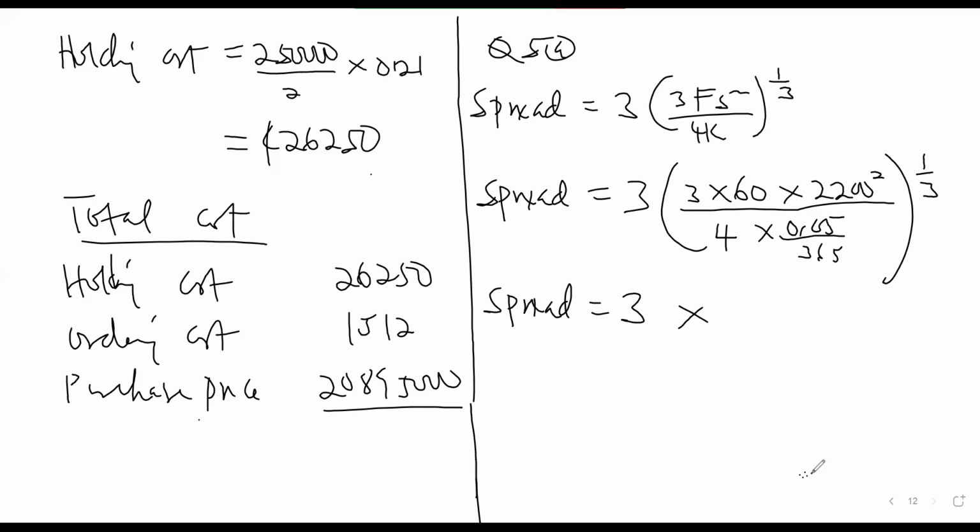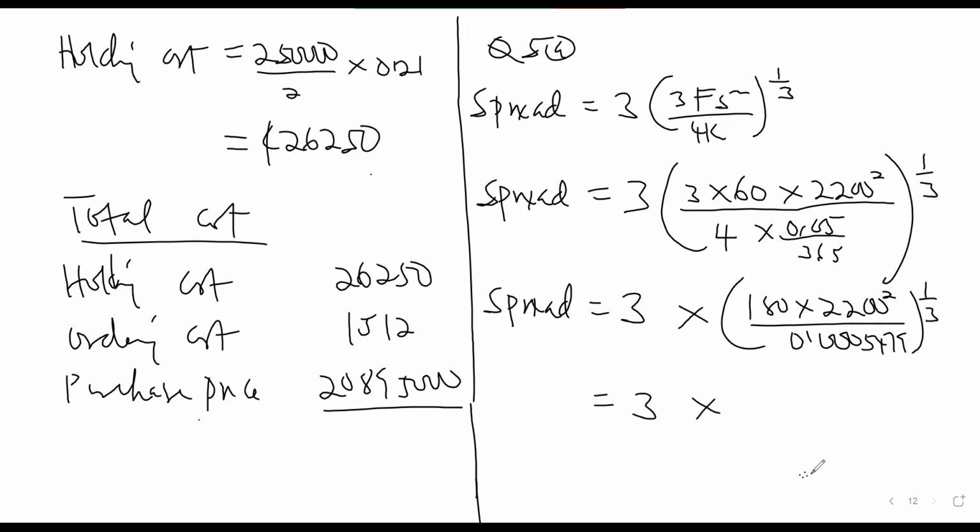So I'm having 180 times 220 exponent 2 divided by 0.0005479. So all the answer exponent 1/3. You do everything in this bracket and exponent the answer by 3. Then after that, you multiply the answer by 3. So what are you getting for the bracket?